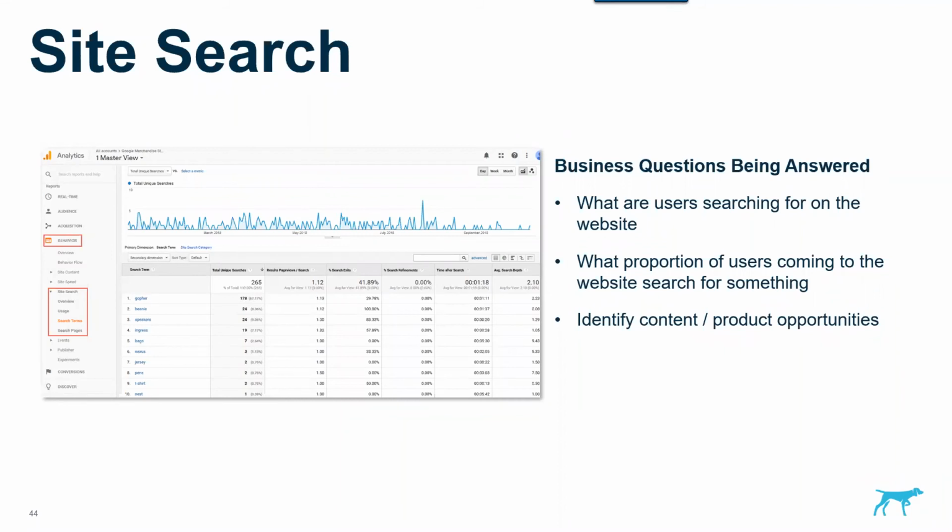Sometimes people search for a particular how-to or something that is not very obvious on the website, and that gives you a bit of an idea on UX, because people probably are not finding the content that should be easily findable by the users when they come to the website. So you might need to tweak your website to make it a little bit more user friendly, where people can come in and get what they want, really.